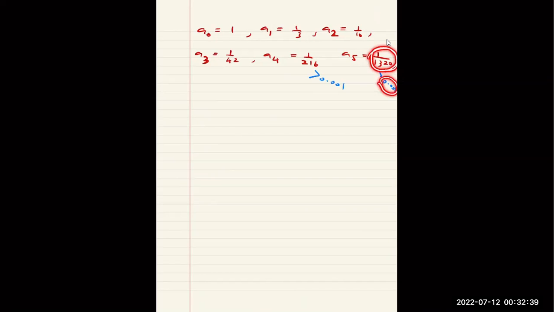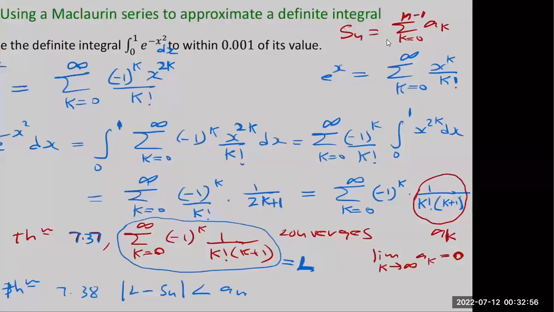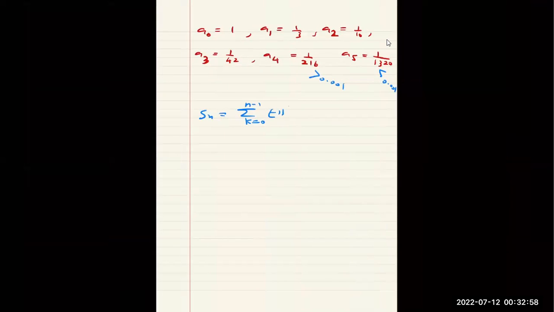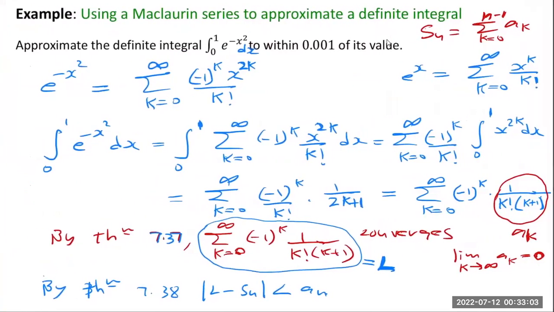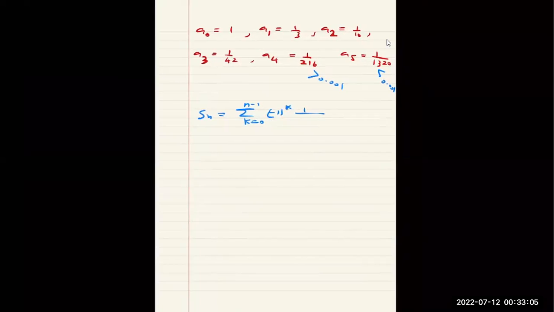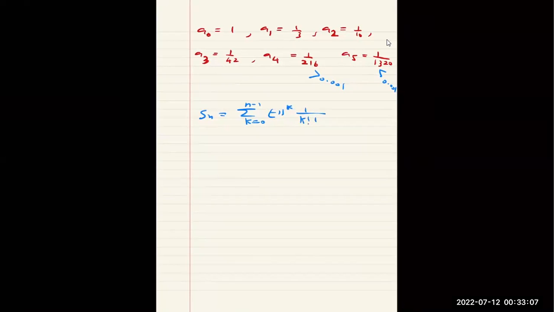Now to find the approximation, what you do is you take this summation, the Sn, that is k goes from 0 to n minus 1, of minus 1 to the power k times 1 over k factorial times k plus 1. Okay, so what is the n here?